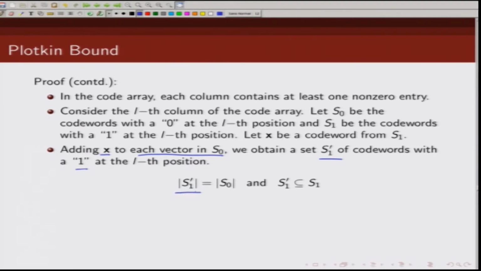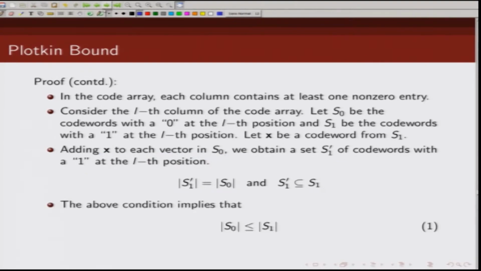Clearly, the number of code words in S1 prime is the same as in the original set S0, and this set S1 prime is a subset of the set of code words which have 1 at the lth location. From this condition we can conclude that the number of code words which have 0 at the lth location must be less than or equal to the number of code words which have 1 at the lth location.